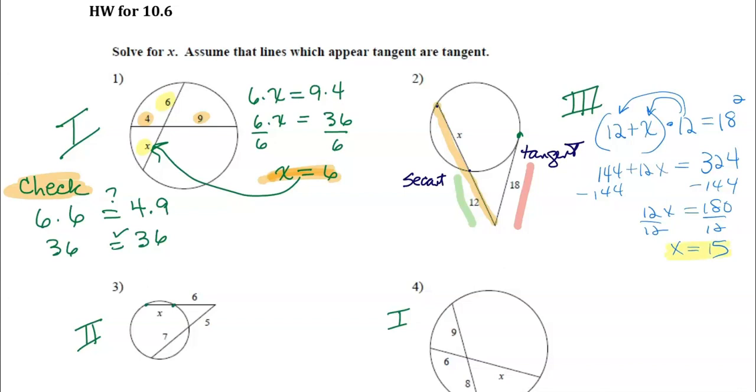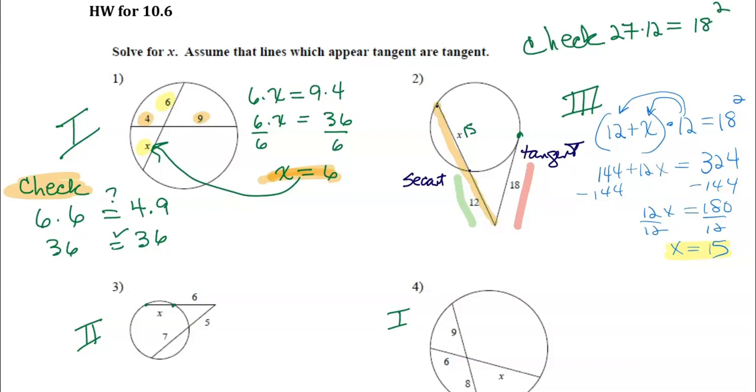Okay, so this is our answer. And now let's do the check. So I'm going to do it up in the corner here, in green. So my check is this. The theorem tells me, so x is 15, that the whole secant, which is going to be 15 plus 12, which is 27, times the length of the exterior part of the secant, which is the 12, has to equal the tangent squared.